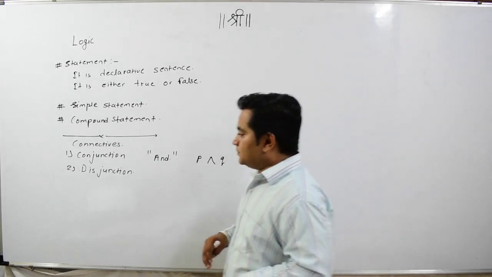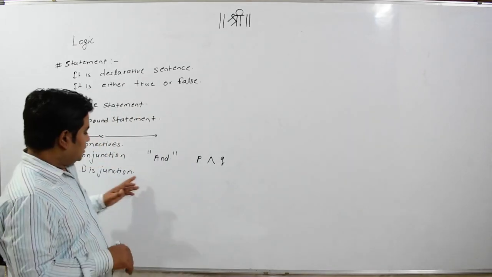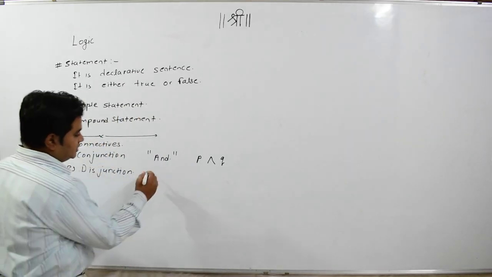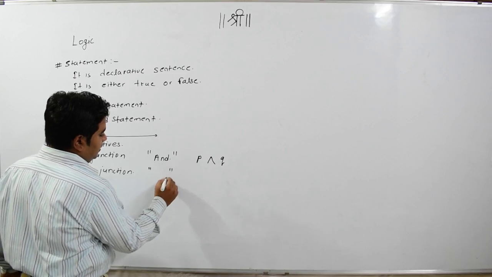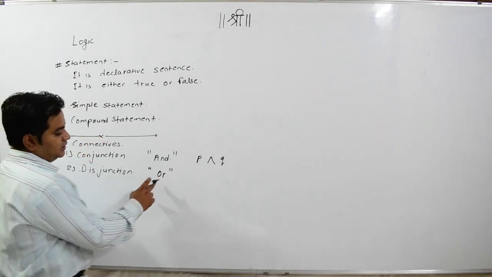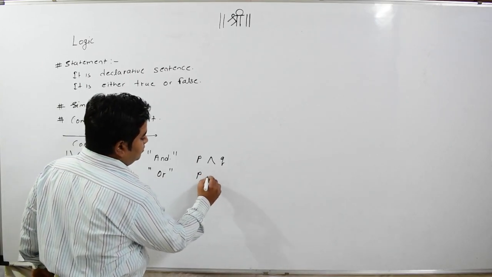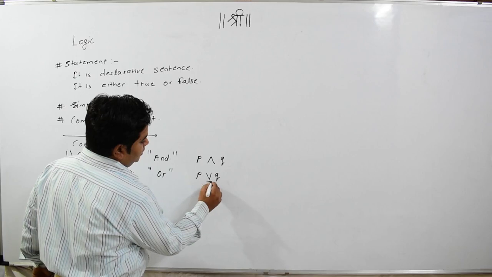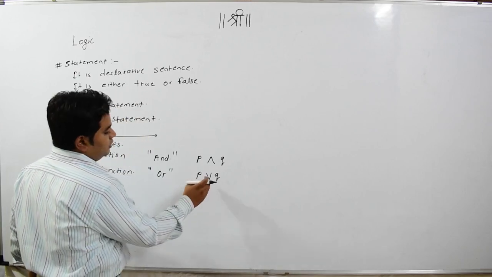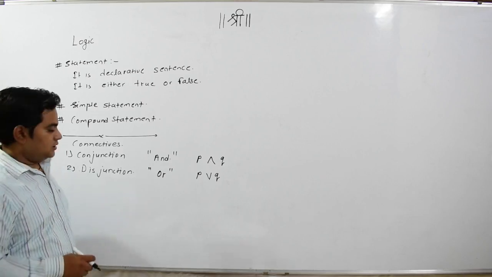I'm using my words very carefully here. Why? Because this is represented in grammar by or, and symbolically as P or Q. This represents or, meaning disjunction.